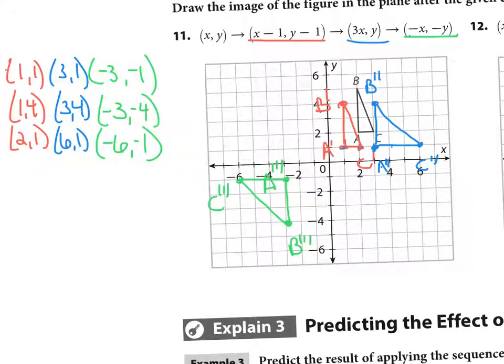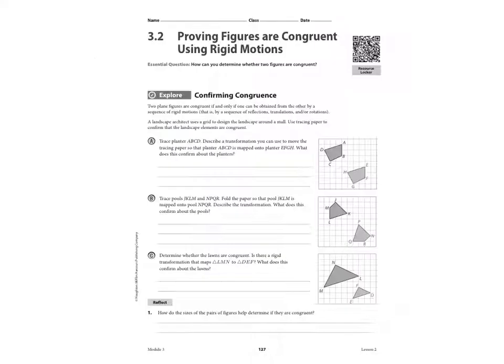So then if you flip to page 127, we will talk about proving figures are congruent using rigid motions. And we know that these words, congruent and rigid, go together. Because if we're not changing the size, if the figures are the same size, then it was a rigid motion.